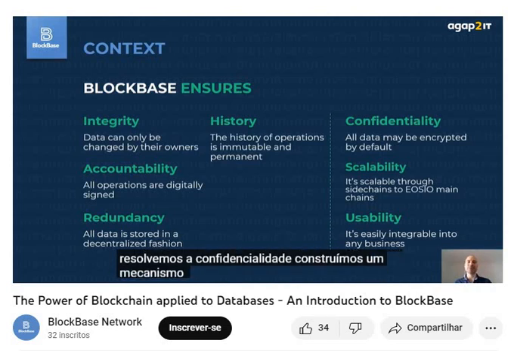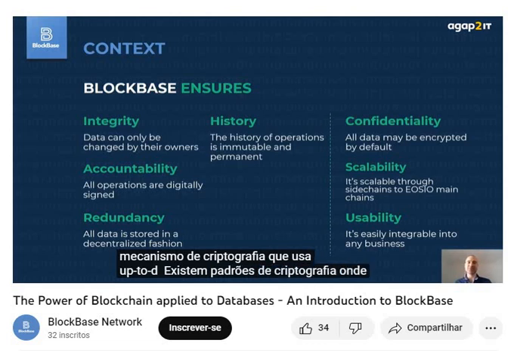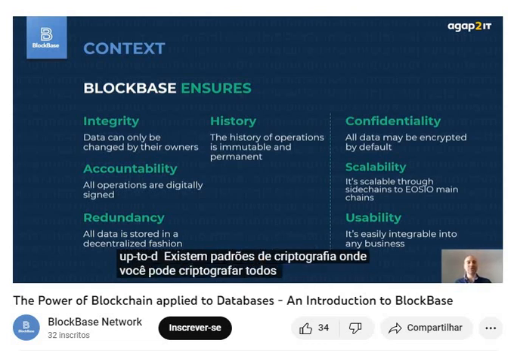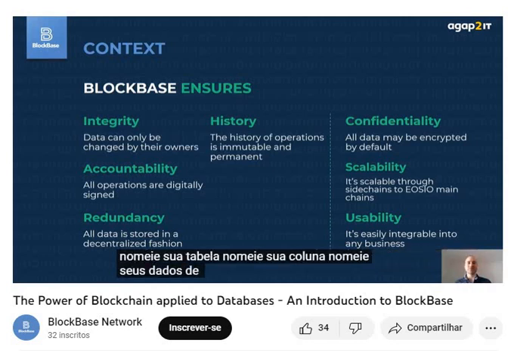We built an encryption mechanism that uses up-to-date standards of encryption, where you can encrypt all data that you want to store on BlockBase, so your database name, your table names, your column names, your individual record data. But you can do it in such a way that you can query it.